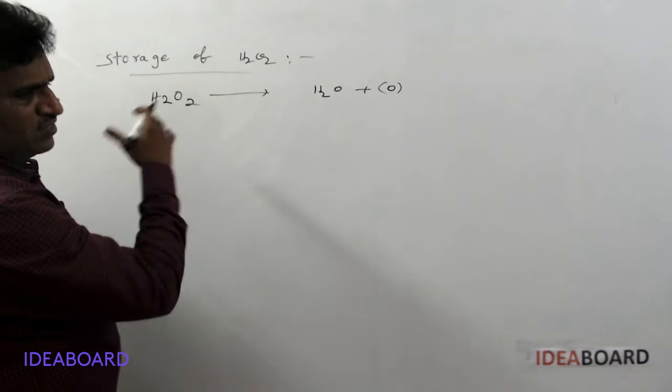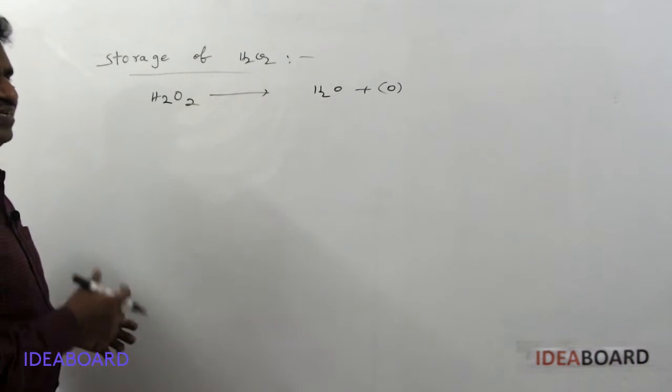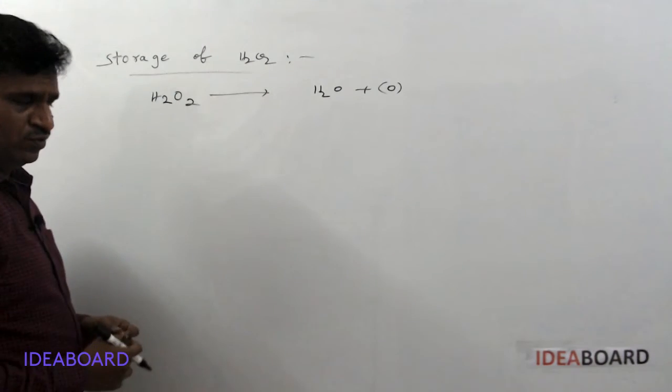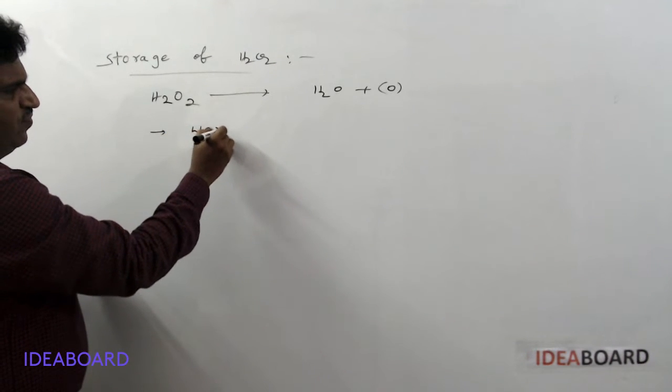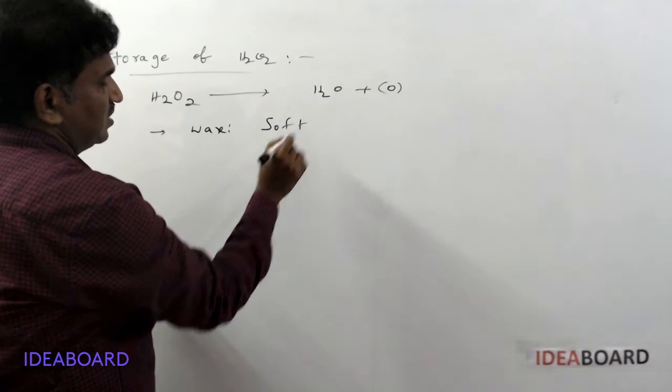Generally, if it is stored in a glass bottle, due to the presence of base in the glass, this hydrogen peroxide decomposes into H2O and O. So, hydrogen peroxide is stored in waxy, soft bottles, not rough surfaces.